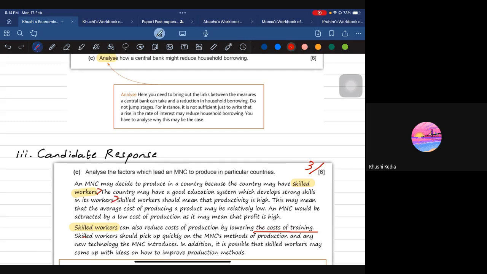So now they have stronger skills, so skilled workers should mean that the productivity is high, which may mean that the average cost of producing a product may be relatively low, which will attract the MNCs to set up and make the profits with this. So this is a good chain. So you see the chain. Yes, sir. So for the 2 marks he has made this chain. So it's a good lengthy chain, isn't it?